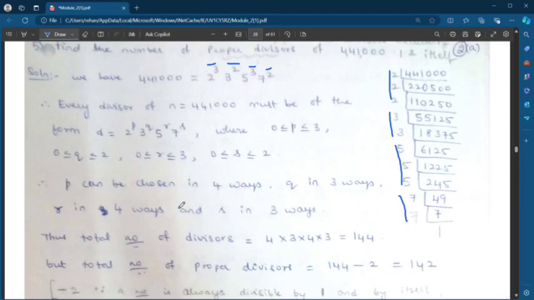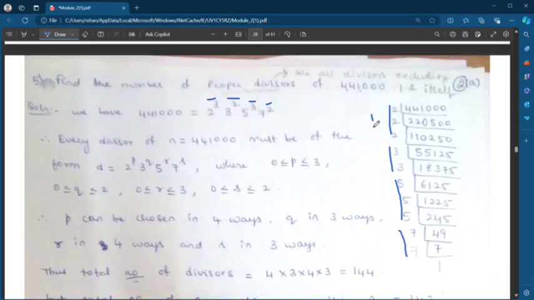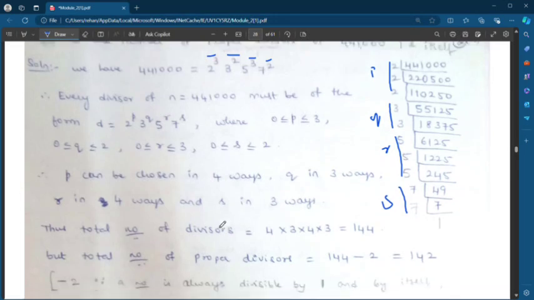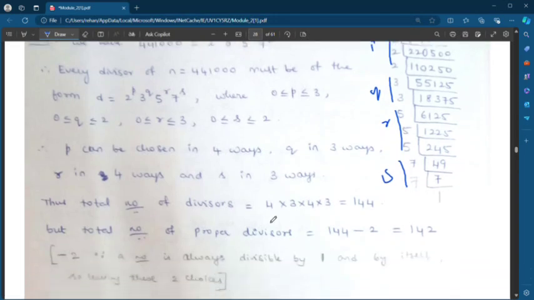We are considering this as P, Q, R, S: how many times P, Q, R, S. So the total number of divisors is, how many ways? 4 times, 3 times, 4 times, 3 times. 4 into 3 into 4 into 3, that is equal to 144.